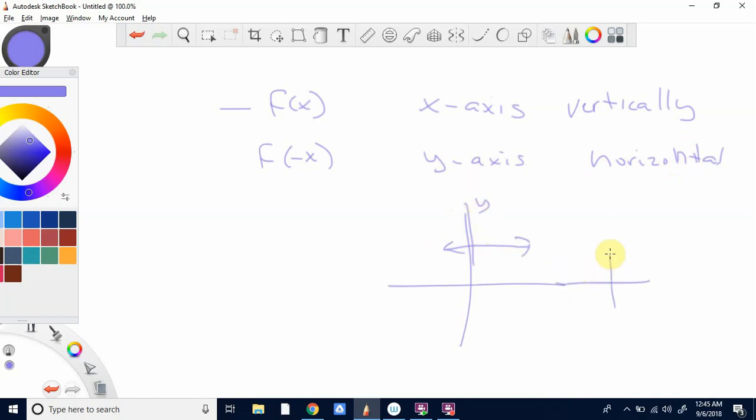If it's flipping this way, then it's flipping over this line, which is the x-axis. So this is a vertical flip. This is a horizontal. You're thinking of a piece of paper flipping sideways, so it's over the y-axis and over the x-axis.